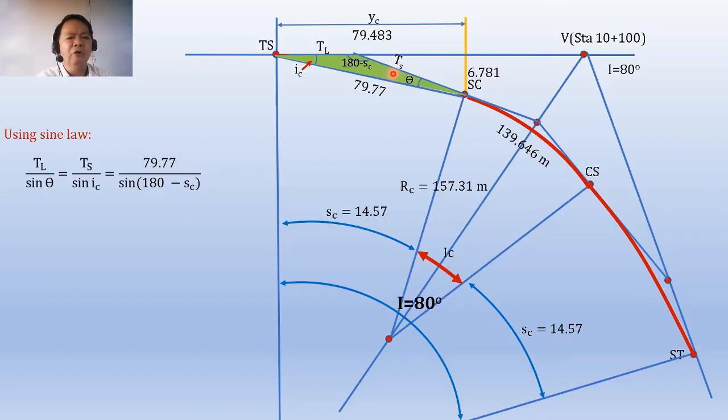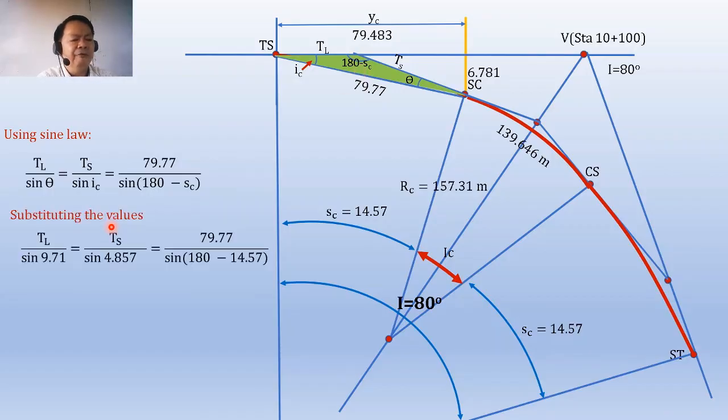So that TL over sine of theta is proportional to TS over sine of I sub C and proportional also to the ratio of 79.77 divided by sine of 180 minus S sub C. If this is substituted with the values, we can solve for TL, which is equal to 53.48, and TS, which is 26.85. Samakatwid, itong distance na ito will be our TL and that distance will be our TS.